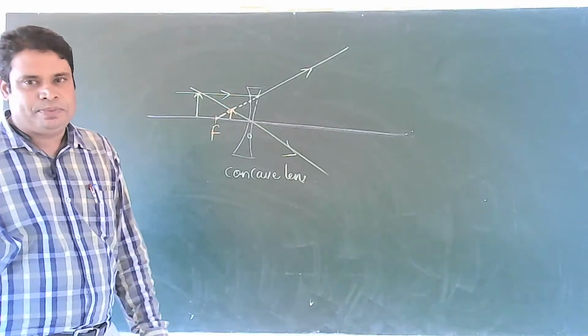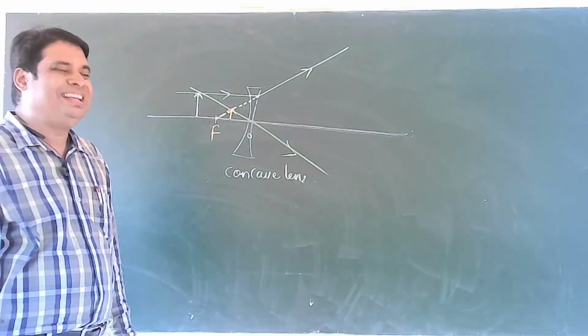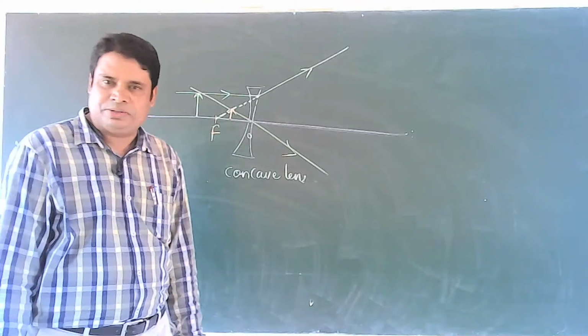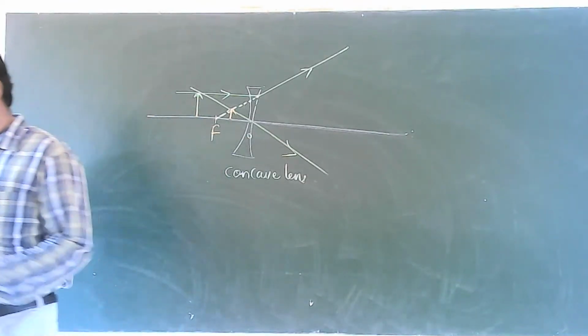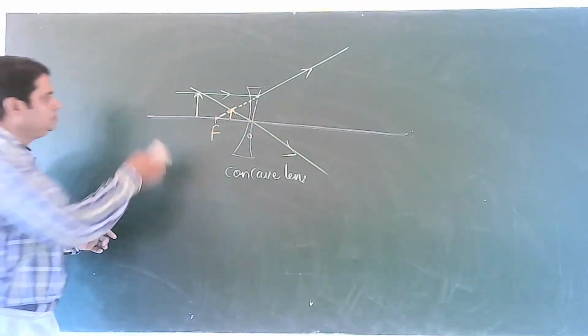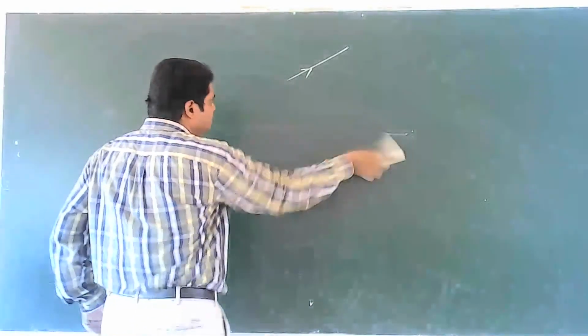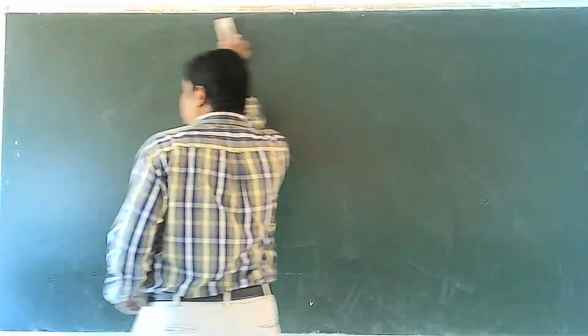This is the nature of image formed by a concave lens. Hope you understood all of this. Okay. Now, next one.